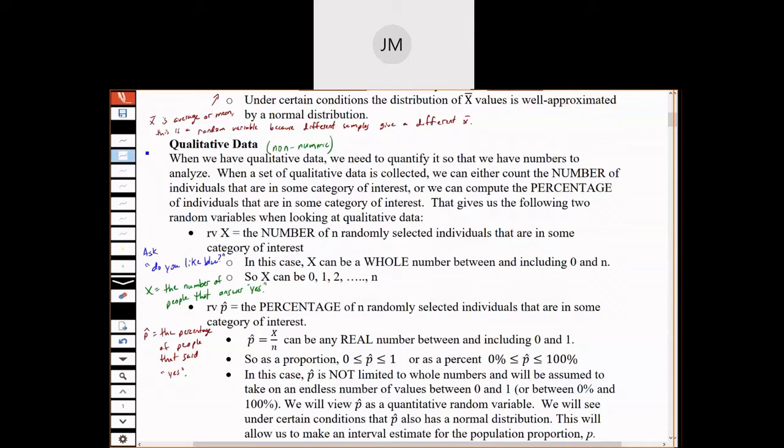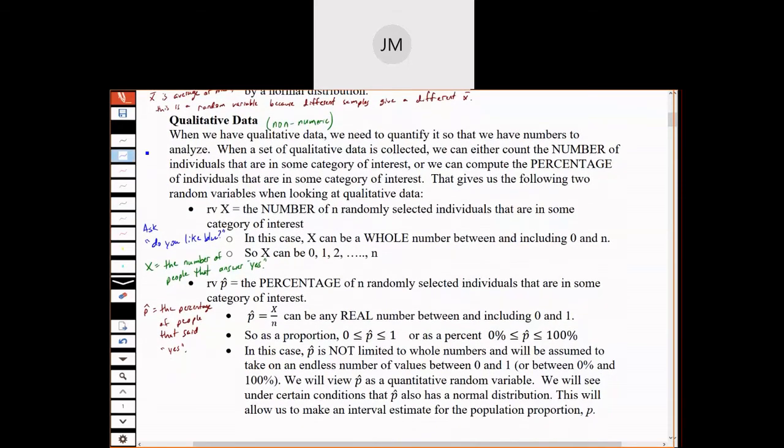Okay. So we're going to focus on this qualitative data. So you don't need to worry about the random variables x and x bar for now. But what we want to do is make sure that we understand that we have two different random variables, right? We could look at x or p hat, and they're both going to be numbers, okay? X is going to be a whole number, okay? So if I ask 10 people, do you like the color blue? I can have anywhere between 0 and 10 yeses, okay?